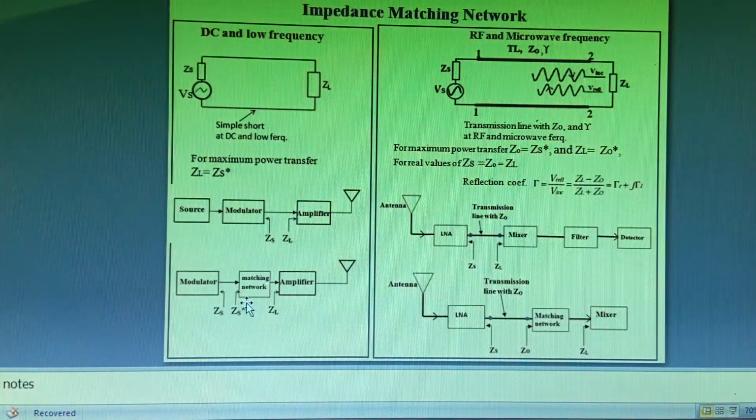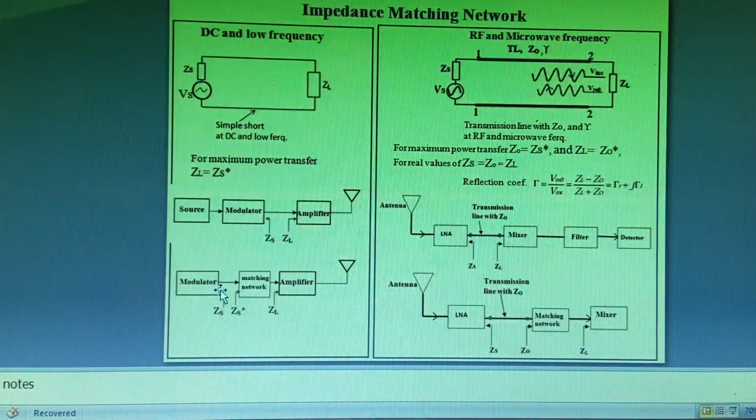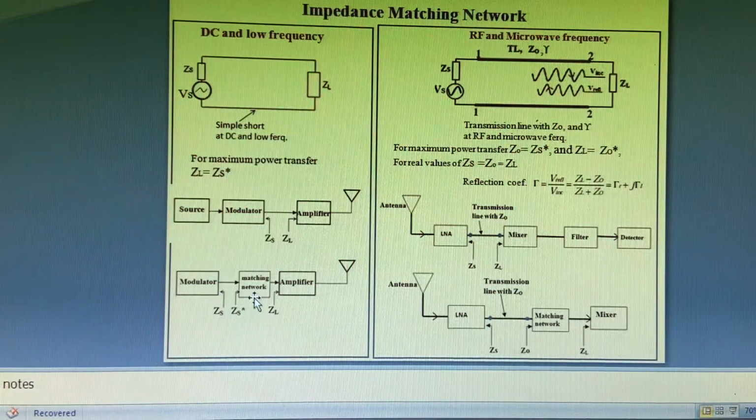The function of the matching network is that its input impedance is designed such that it must be the complex conjugate of the output impedance of the modulator. The matching network is designed by ourselves. We can make its input impedance equal to the complex conjugate of the modulator output impedance.